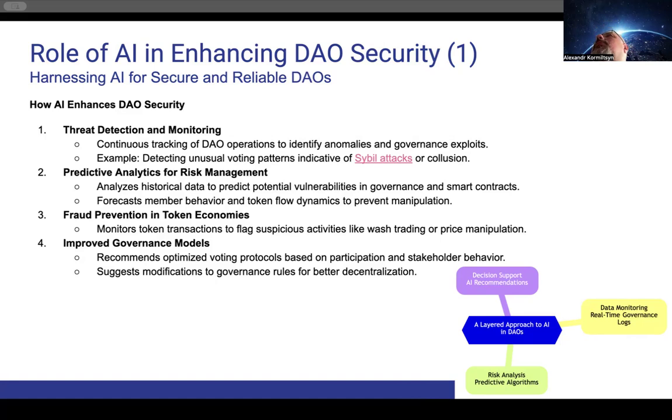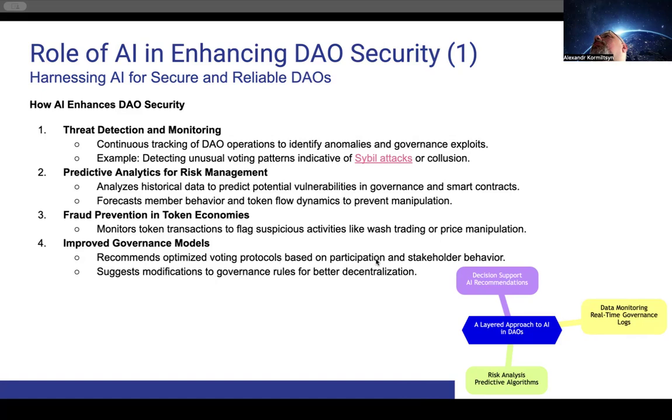And we can also use AI to improve governance models. So we can recommend optimized voting protocols for certain scenarios based on the participation and stakeholder behavior, and also suggest modifications to governance rules for better transactions.